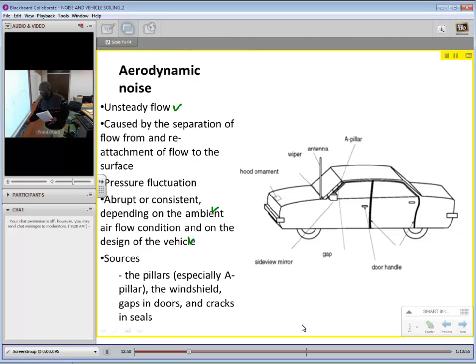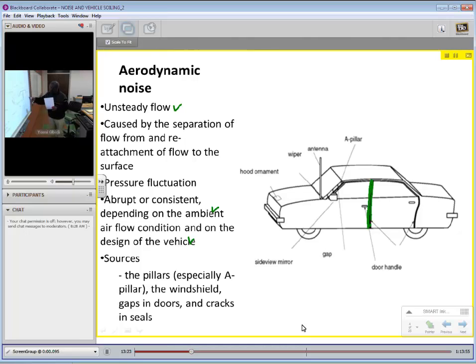Gaps in doors and cracks in seals. Sometimes between the end of the front door and the beginning of the rear door, there are some gaps. How much tolerance is put into the design will affect whether noise protrudes through.